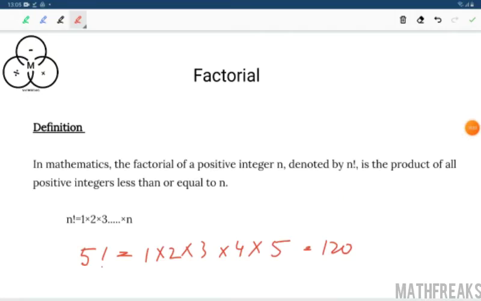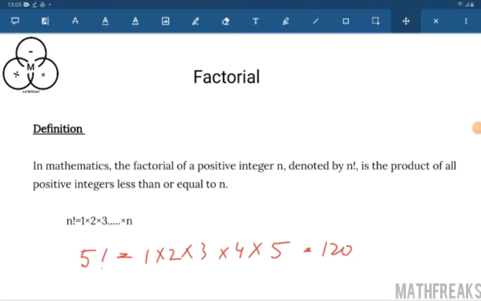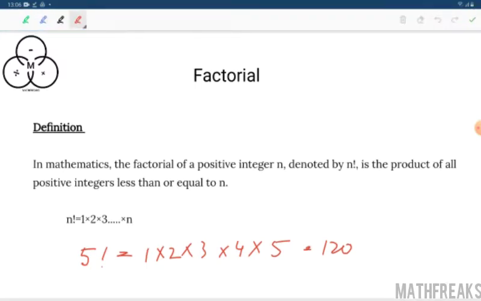Factorial means the product of all natural numbers less than or equal to 5. So 5 factorial is 1 into 2 into 3 into 4 into 5. Likewise 4 factorial will be 1 into 2 into 3 into 4 equals 24.